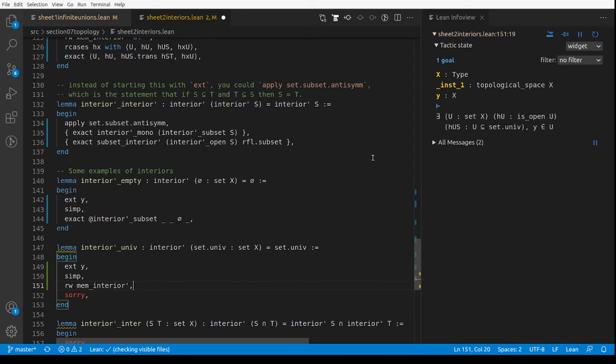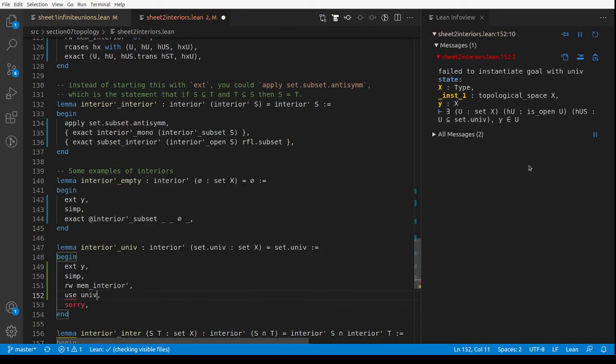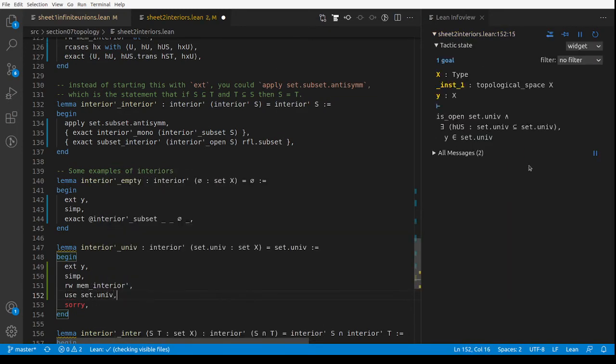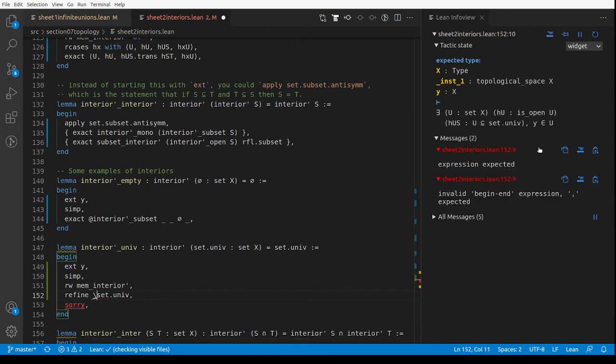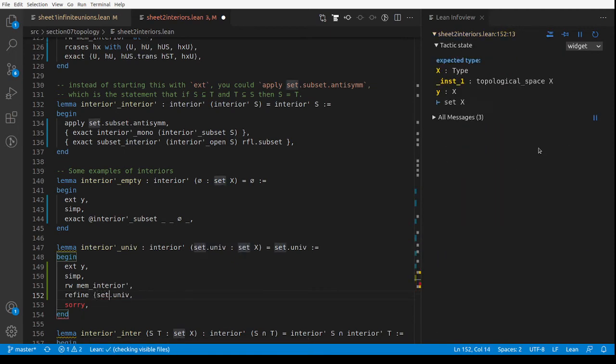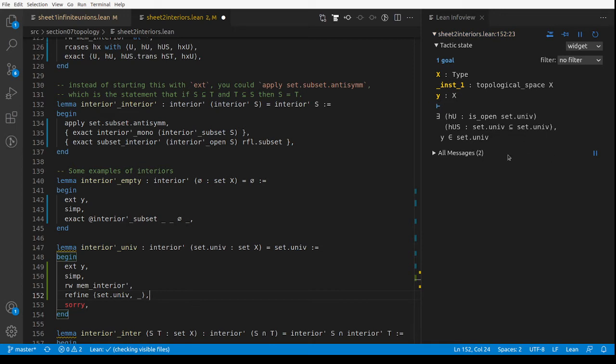I'm going to prove that there exists a U which is open and it's a subset of univ. Okay, so then I can use univ again. Set dot univ. I have an open set. Use set dot univ. I guess I could refine this. Refine set dot univ, comma something, and that something is another exists.